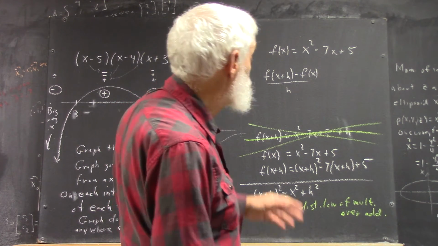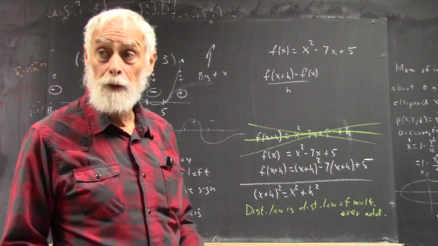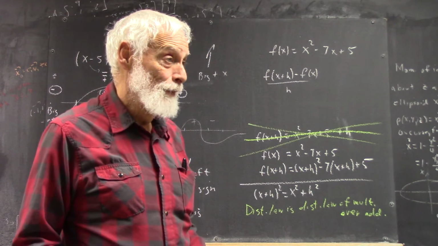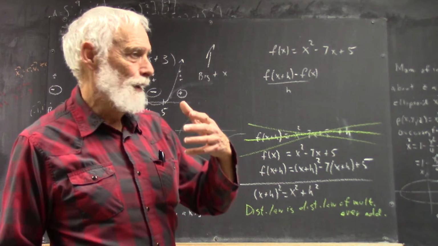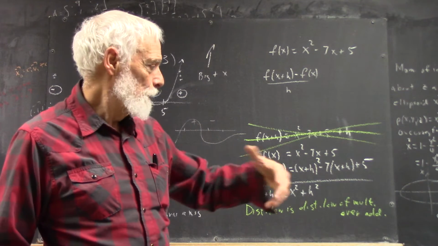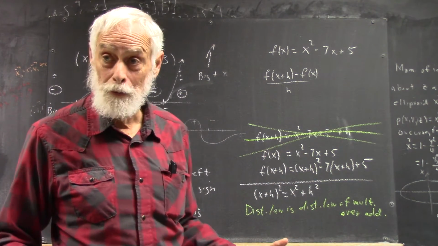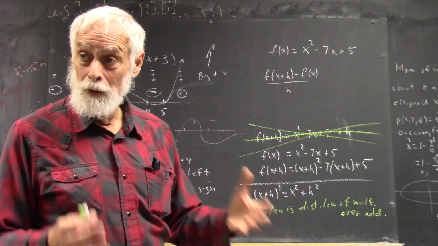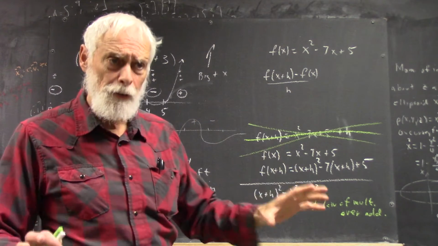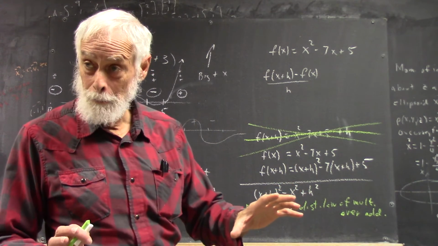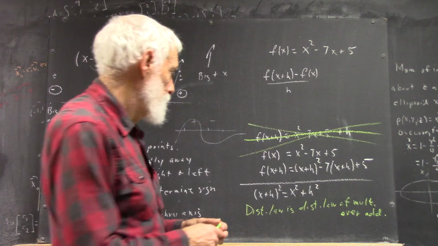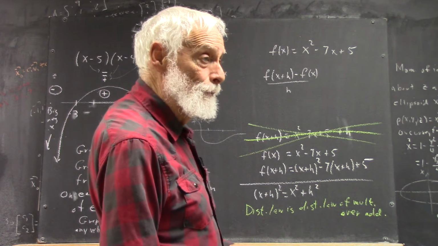Now, I've been writing distributive law, saying use the distributive law, because I don't want to write out multiplication over addition 100 times during the course. But that's implicit when I talk about the distributive law, so make sure you understand that. So what's wrong with this?